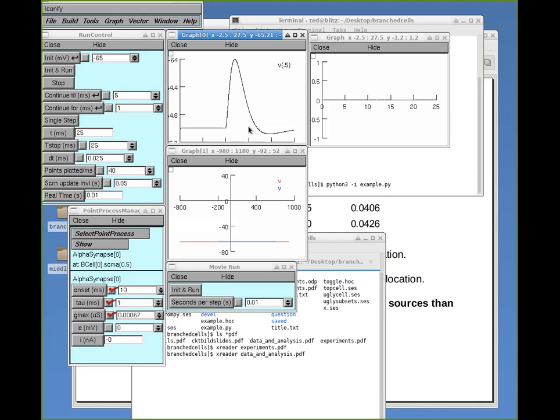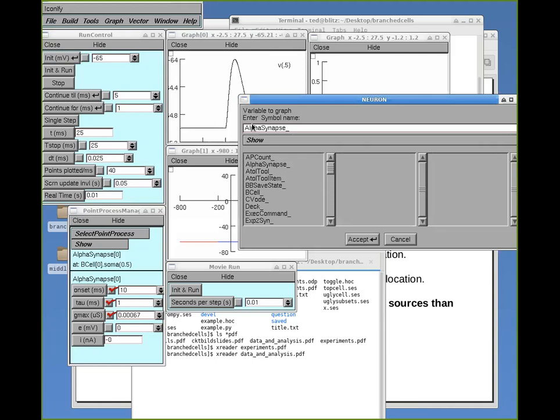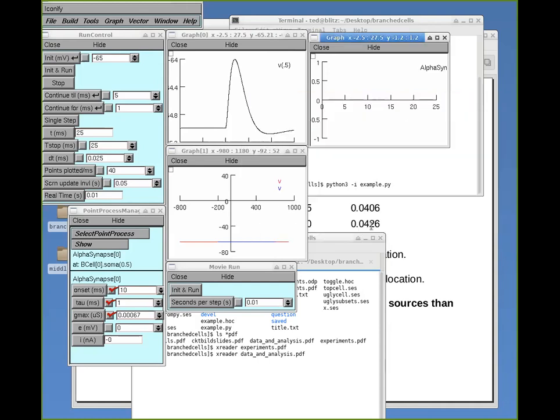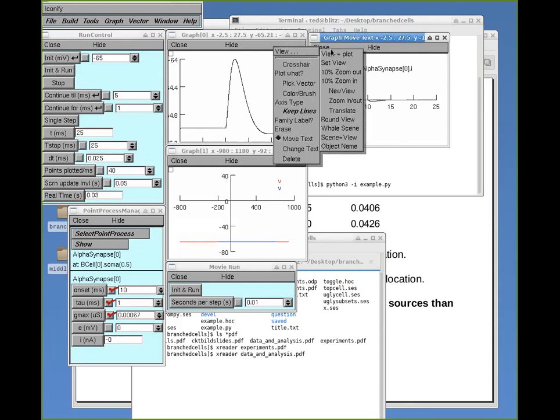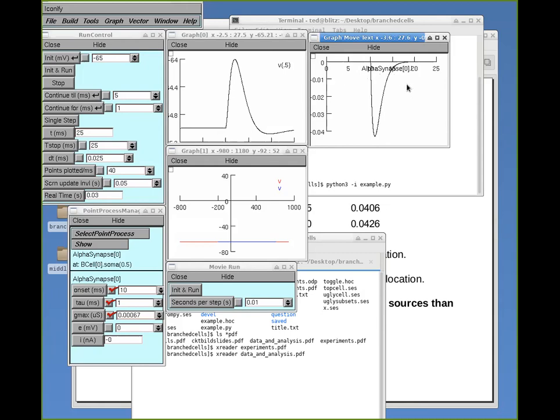Good, okay. So there is our EPSP. And what is the driving force for synaptic current? Let me see, let's plot the current. Alpha synapse, 0, I. And let me move that. And let's do a run and do a view equals plot. Okay, there's our, move this again so it's not in the way.